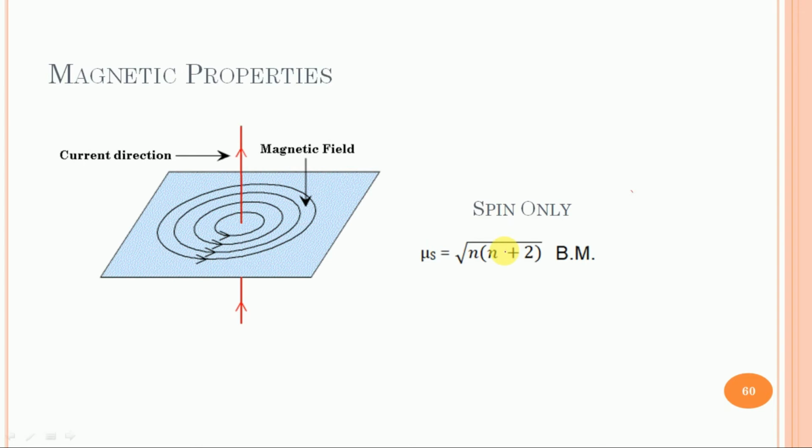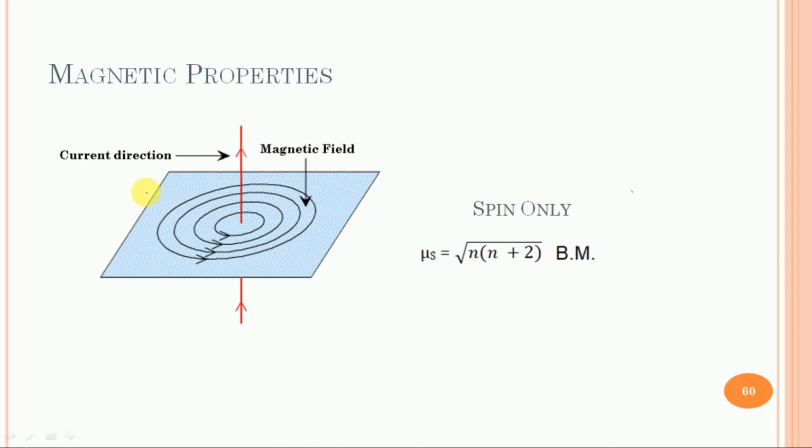So this is the relation which can be used to calculate the magnetic moment due to spin contribution. The magnetic field which arises due to the motion of the spin on its own axis is called the magnetic moment due to spin.